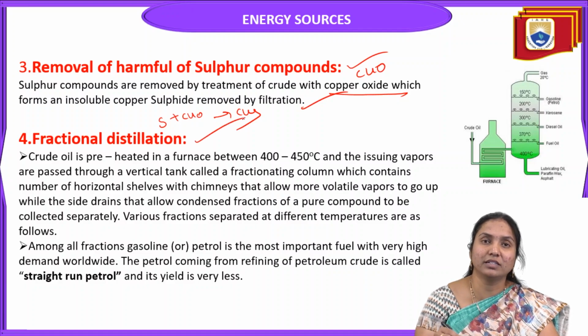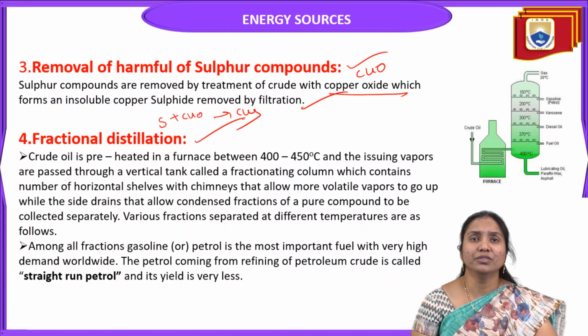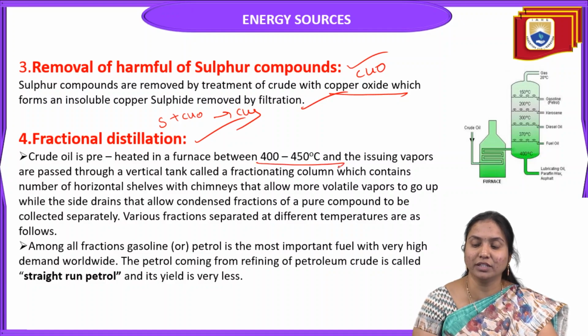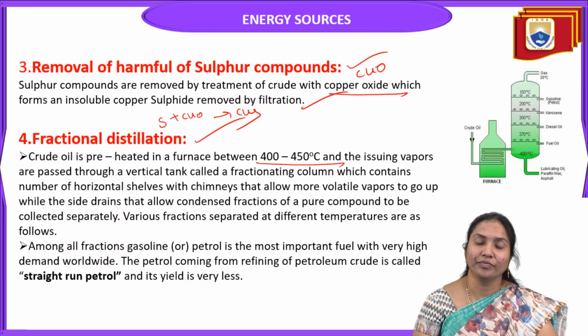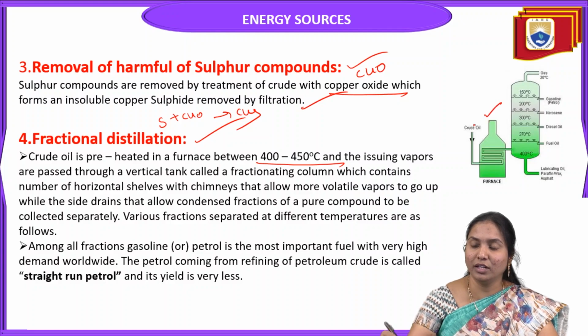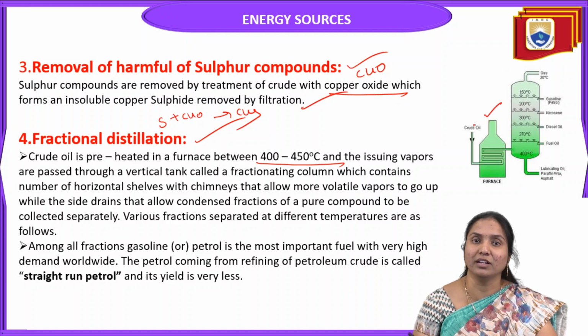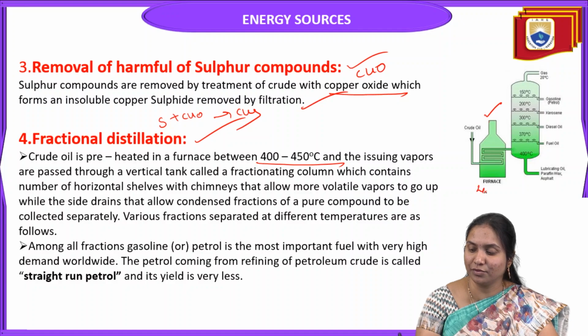And next, fractional distillation. The crude oil is preheated in a furnace between 400 to 450 degrees centigrade. In this case, it issues vapors. Here the crude oil is passed through this furnace, maintaining a temperature range of 400 to 450 degrees centigrade.